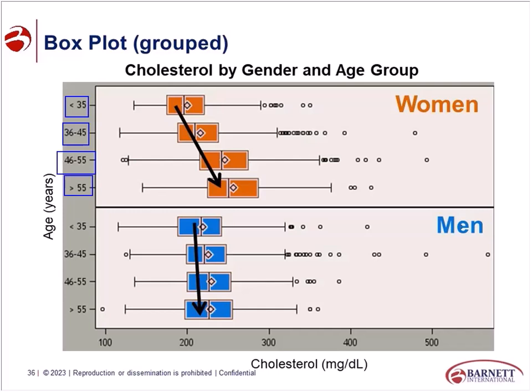It doesn't take a statistician to see that for women, their cholesterol level increases with age much faster than it does in men. Okay, in men, there's a slower increase. It's a very quick and easy way to see group differences using a box plot.